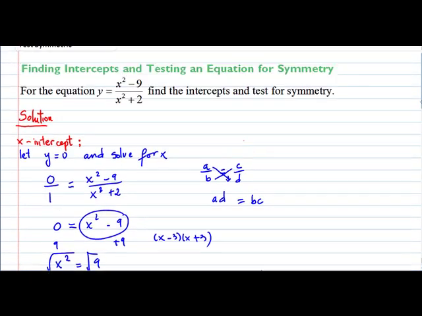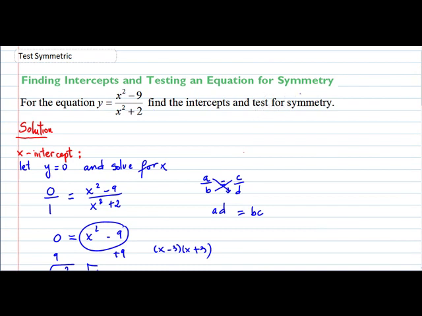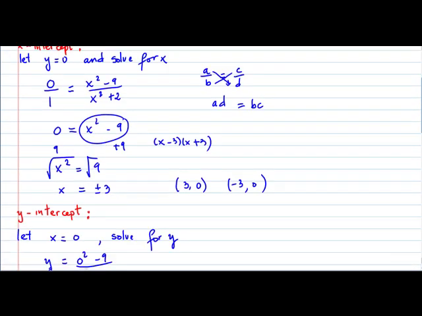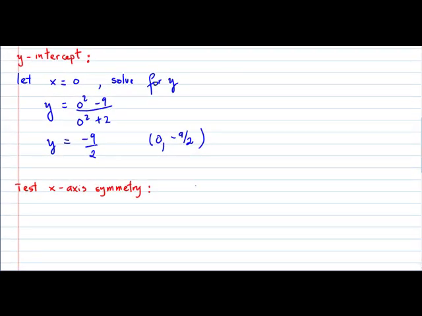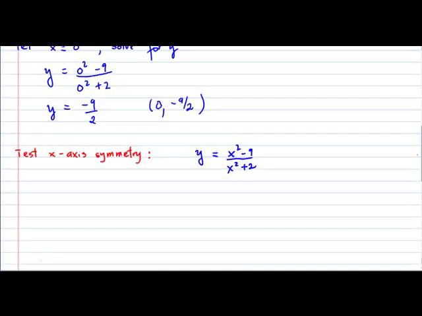Now to test whether this equation has x-axis, y-axis, or origin symmetry, here's how we do it. Let me copy the equation again. To test if this equation has x symmetry or not, we have to replace y by minus y. So every time we see y, we replace it by minus y, which gives minus y equal to x squared minus 9 over x squared plus 2.